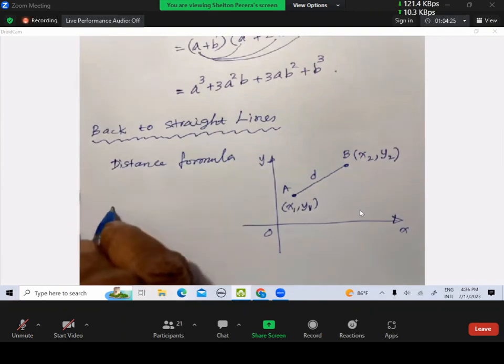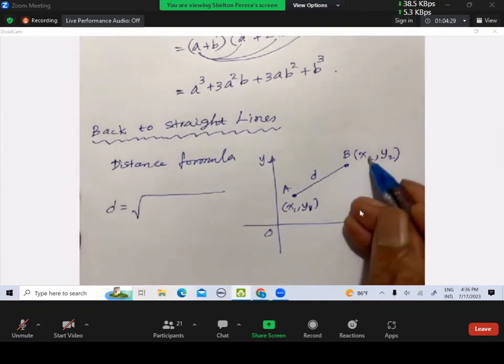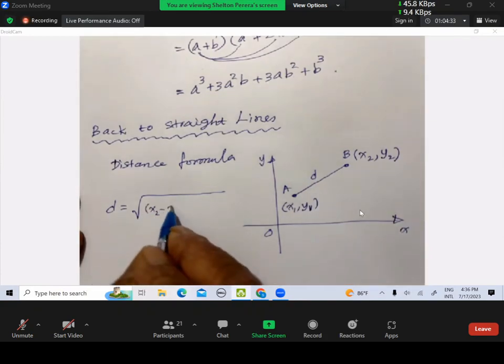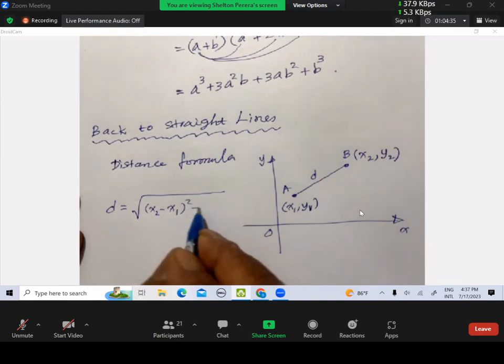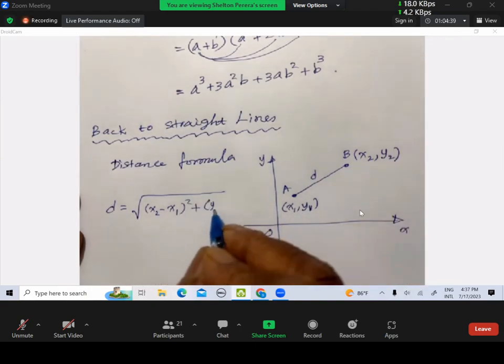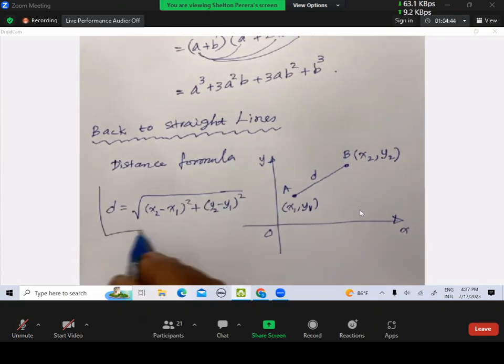The distance formula says D is equal to the square root of the difference of these x coordinates squared, x2 minus x1 squared, plus y2 minus y1 squared. That is the distance formula.